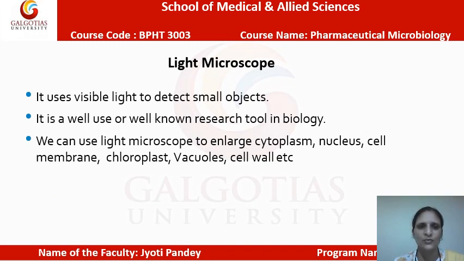What is a light microscope? Light microscopes are the category of microscope which use visible light to detect smaller objects. It is also useful in the field of biology to magnify and to visualize the cellular parts of any kind of smaller organism, protozoans, unicellular organisms like bacteria.